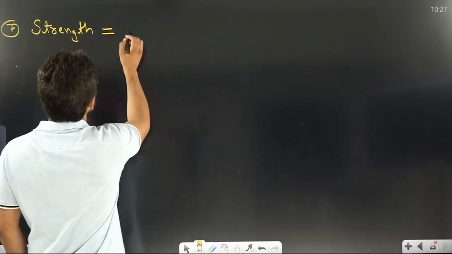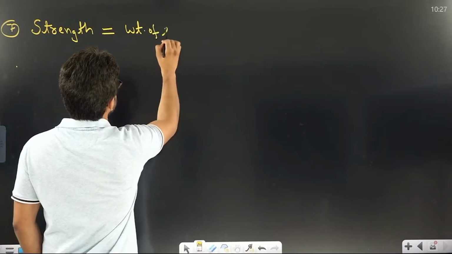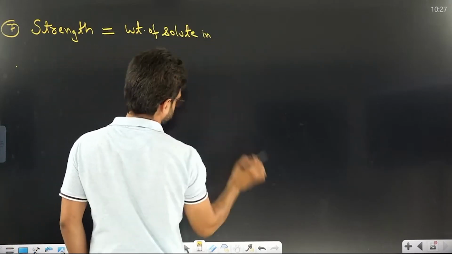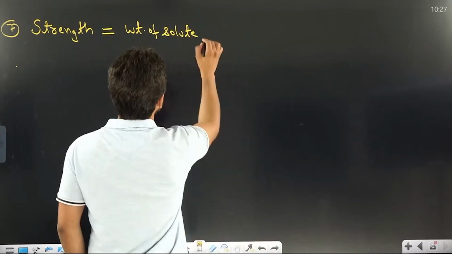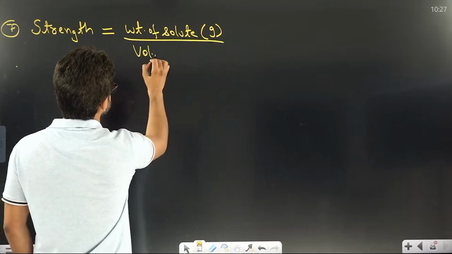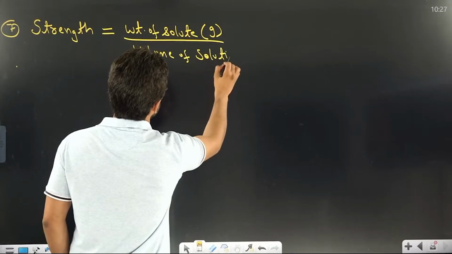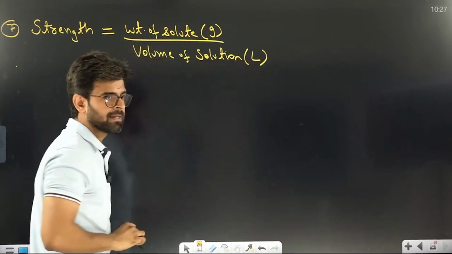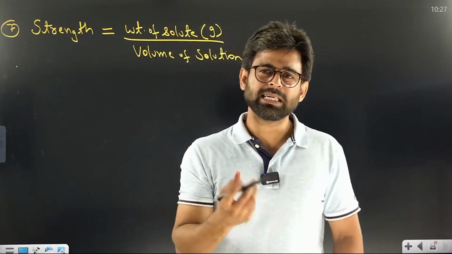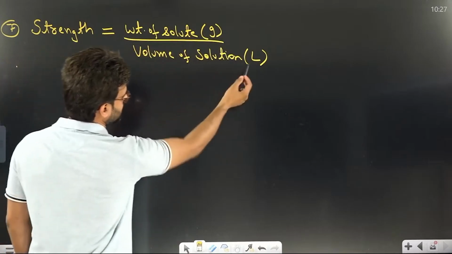It is the weight of solute in grams divided by the volume of solution in liters. It will not come in much use, but you should know about it also. So strength is weight of solute in grams divided by volume of solution in liters.